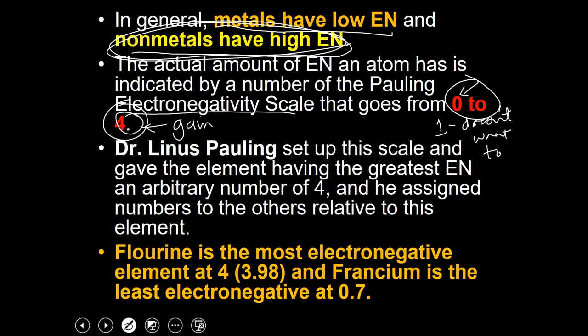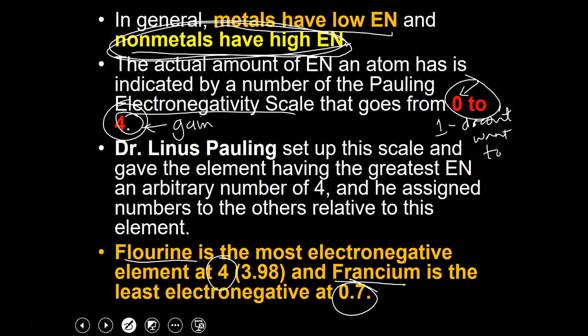All right, so the electronegativity value was just an arbitrary number that this guy, Dr. Pauling, assigned. He based it all on fluorine being the most electronegative and francium being the least.